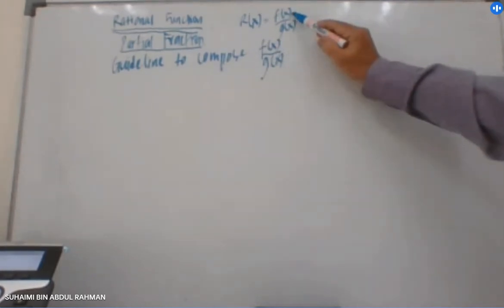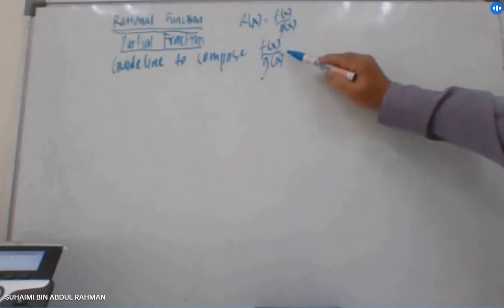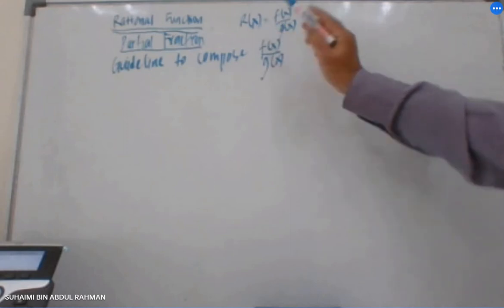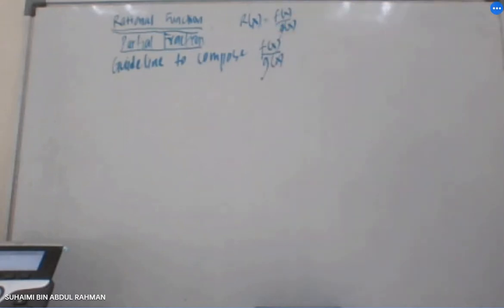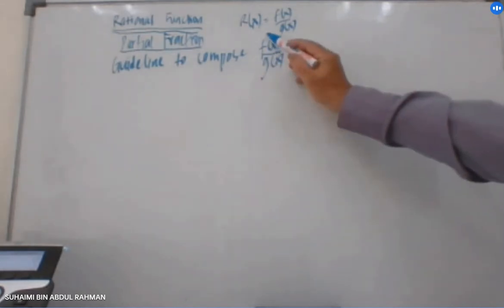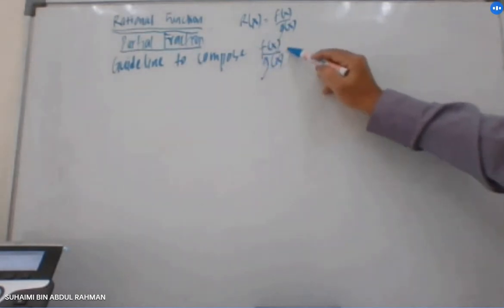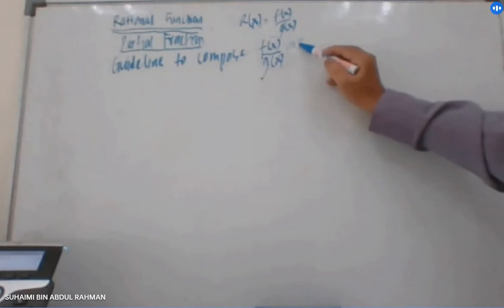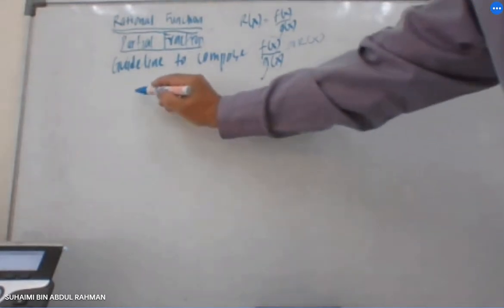Rational function is a fraction: one polynomial divided by another polynomial will produce one rational function. So this is the guideline to decompose that rational function in terms of partial fractions.